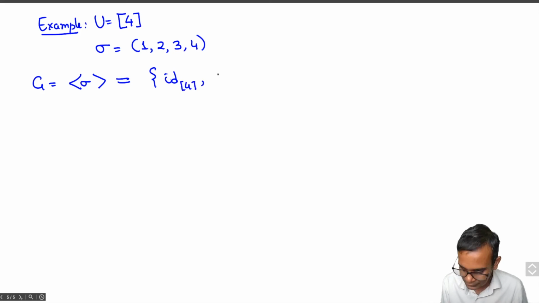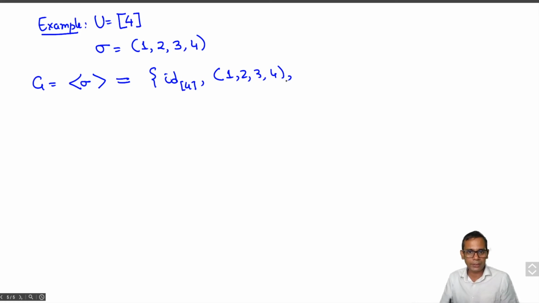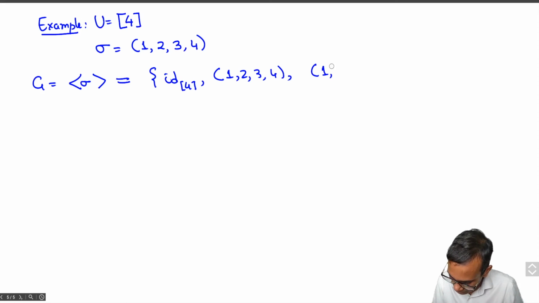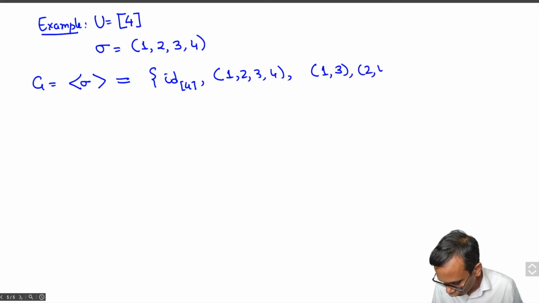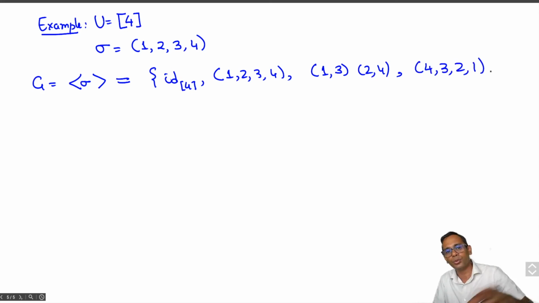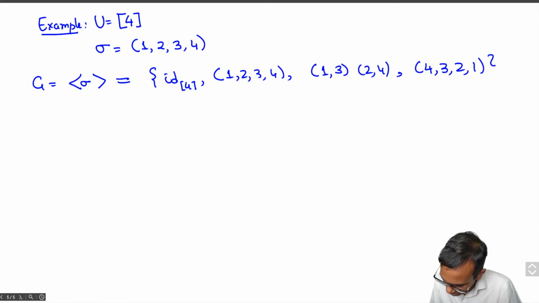It has the element sigma itself, which is 1, 2, 3, 4. Then it has the element sigma squared, which takes 1 to 3, 3 to 1, 2 to 4, and 4 to 2. So it has 2 cycles, 1, 3, and 2, 4. Then it has sigma cubed, which is nothing but the inverse of sigma. It has again just 1 cycle, and that takes 4 to 3, 3 to 2, 2 to 1, 1 to 4. So these are the 4 elements, and so it's just going to be a sum with 4 terms.